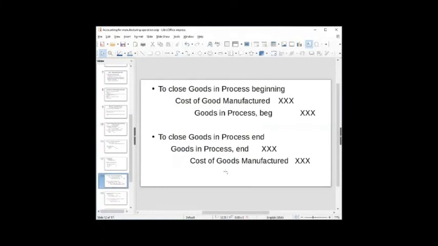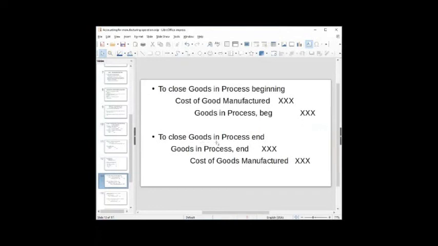Now, we also have these closing entries. In closing the goods in process beginning, you debit the cost of goods manufactured and you credit the goods in process beginning, or the WIP, work in process beginning.